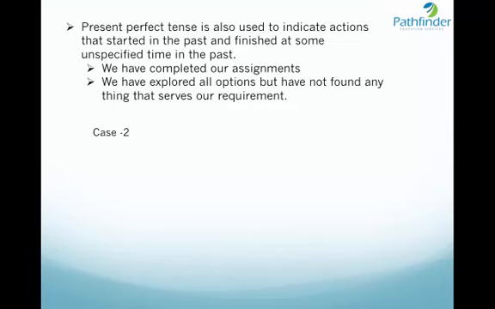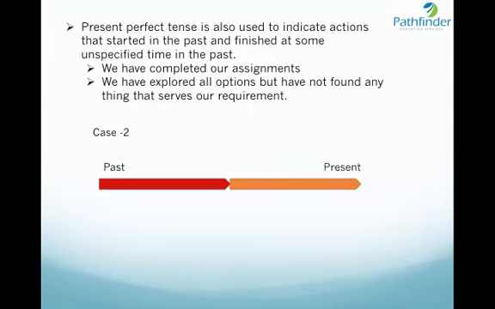So let us see on the timeline, case 2, we have past and we have present on the timeline. In the first sentence, we completed our assignments at some time in the past. That time is not known. And therefore, today we use the present perfect tense to indicate that the assignments are complete as of today.